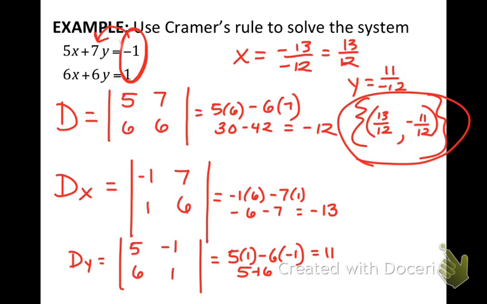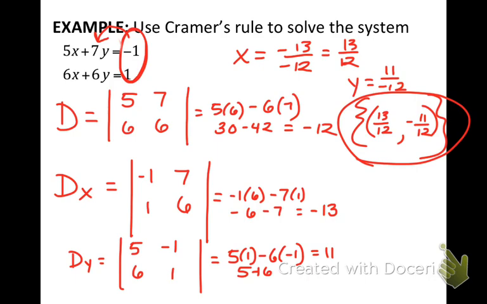So what happens with a 3 by 3? We add in a third element. So we still are going to have a dx and a dy, but now we need to add a dz, which doesn't change because now you're going to put this in place of the z to get your dz. It's just now it's 3 by 3, so it's a little bit more work to find the determinants.